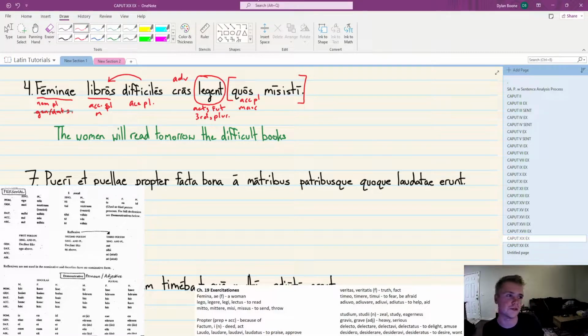What does it refer to? Well, we know it has to refer to something that's plural, something that's masculine. It's not feminine. The only other noun is libros, so it has to be libros, which is plural masculine. So we're talking about the books which misisti. That is a verb. I won't circle it just because we're a little busy here. But it's a verb, misisti. There's mitto, mittere, misi. Yep, misi.